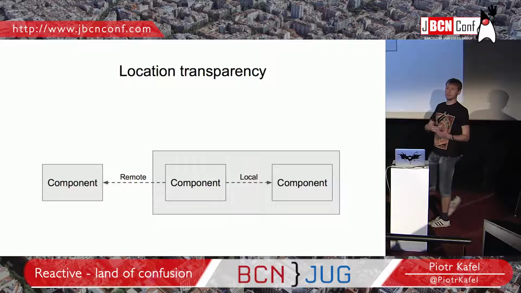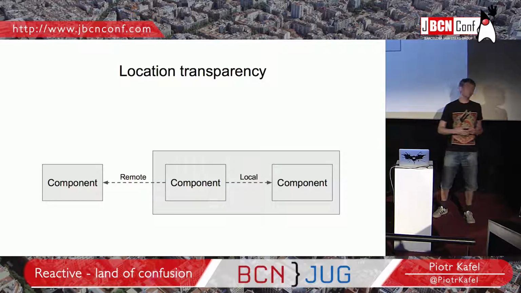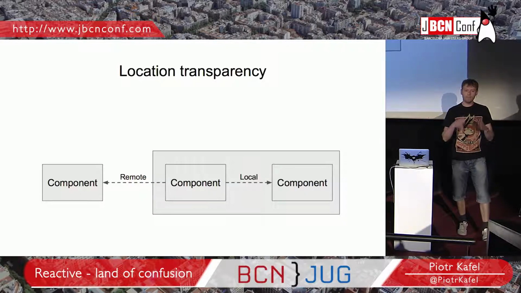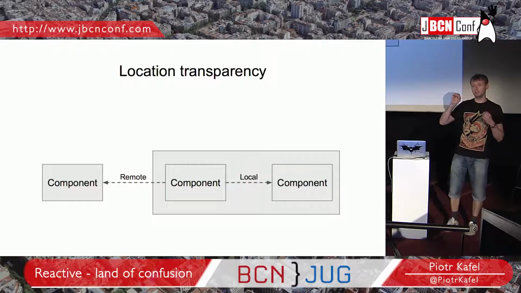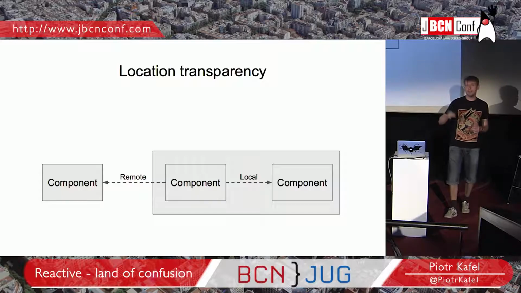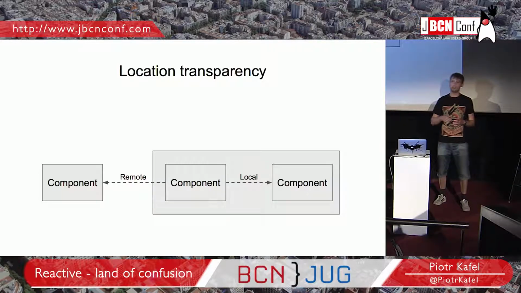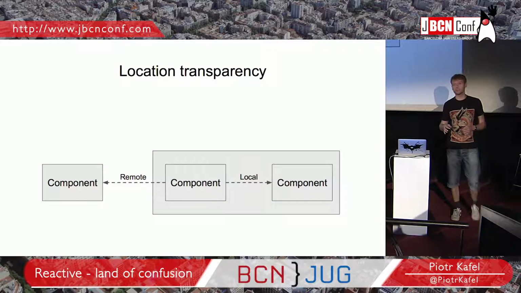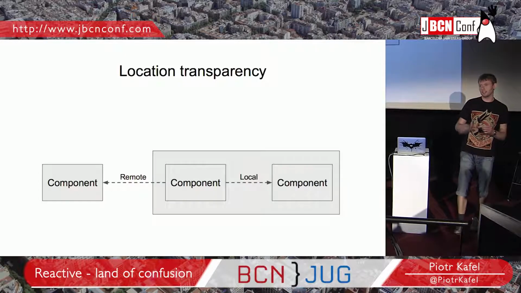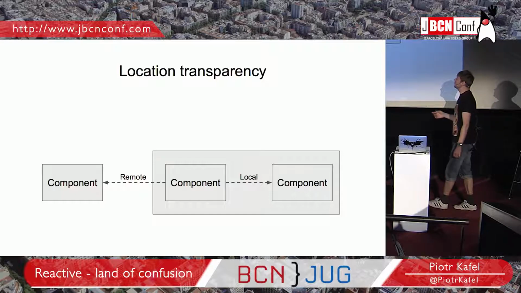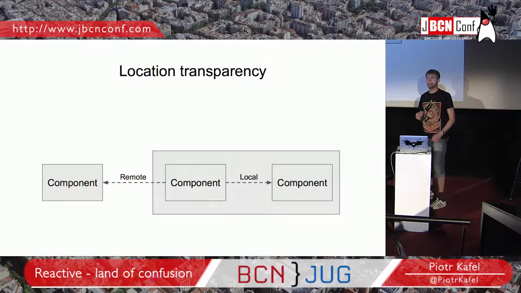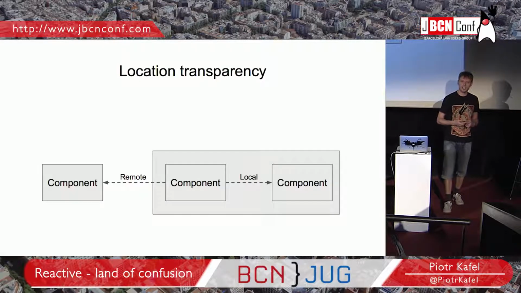So the idea, for those of you who never heard about it, was to make your remote calls look exactly like the local ones. So whenever you were calling a method, you had no idea if you were calling some remote procedure somewhere, or if this was just a regular function call. No idea. So location transparency is tackling the problem from a completely other side.